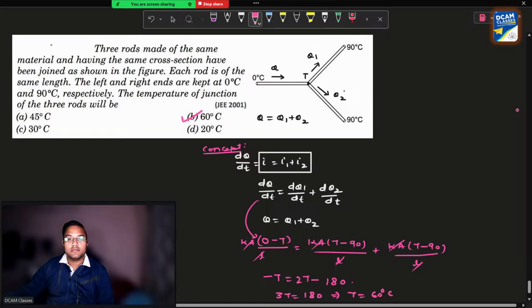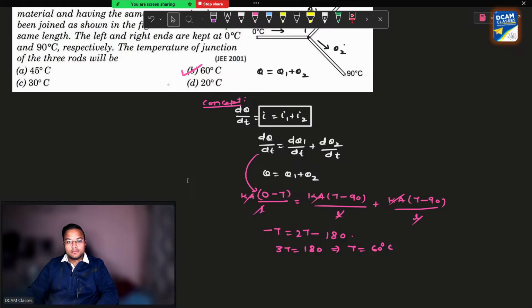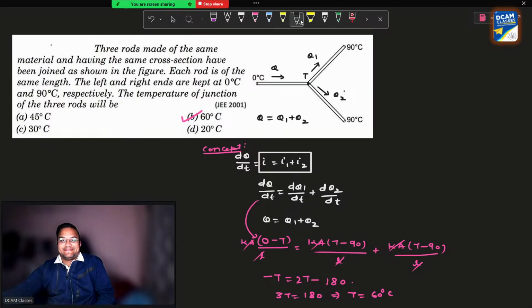Why you are getting 20? What was your answer? 20? No, sir, I said 45. Only considered Q1. Why? I don't know, I just considered only Q1. You have to consider all, no?